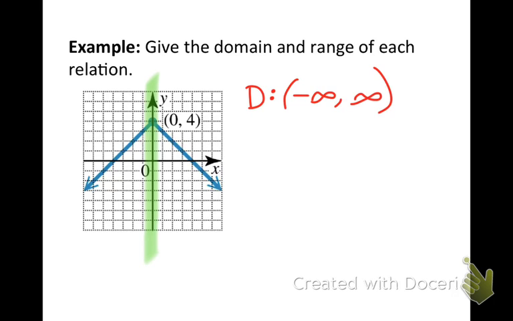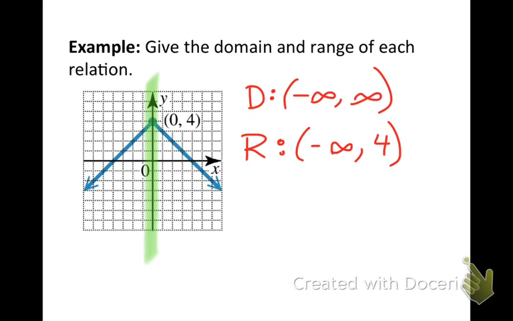Nope. So they're going to keep on going all the way down to what? Negative infinity. Now let's think about where it goes towards the top part. It's stopping at what y coordinate? 4. So for my range, it's going from negative infinity to positive 4.